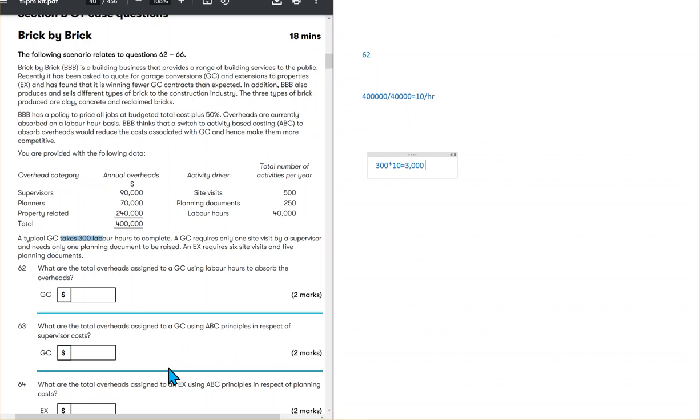What are the total overheads assigned to GC using ABC principle in respect of supervisory cost, ABC? Okay, supervisory costs would relate to site visits, obviously. Sometimes they are told, sometimes they are very clear.